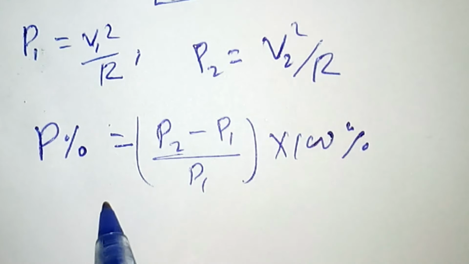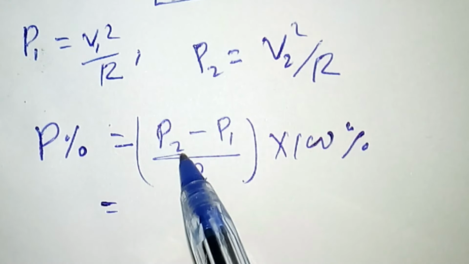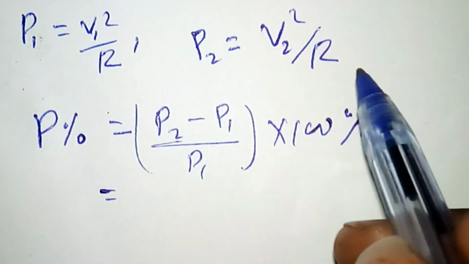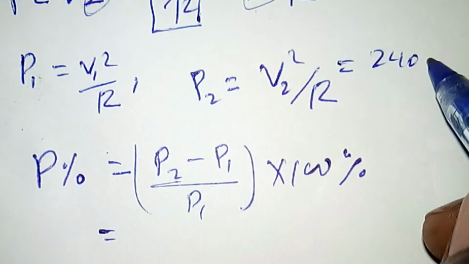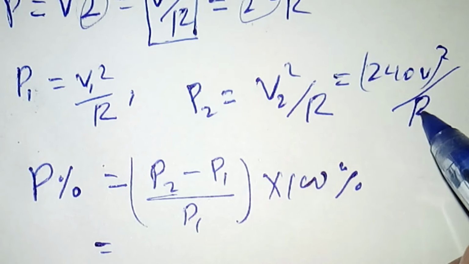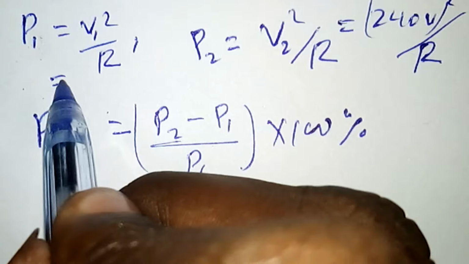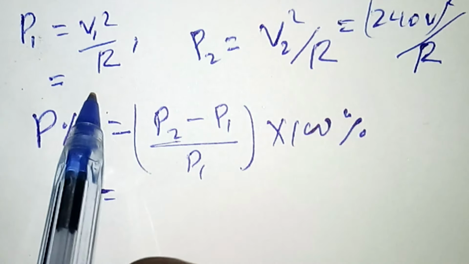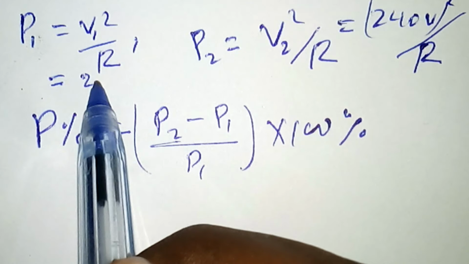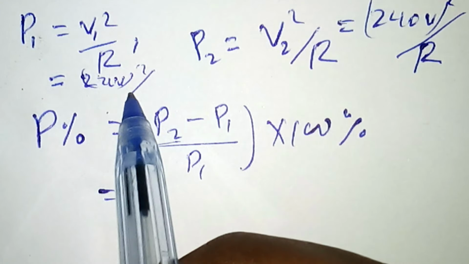So if I substitute the values, P2 is V2 squared divided by R, which is 240 volts squared divided by R, and P1 is V1 squared over R, which is 220 volts squared divided by R.